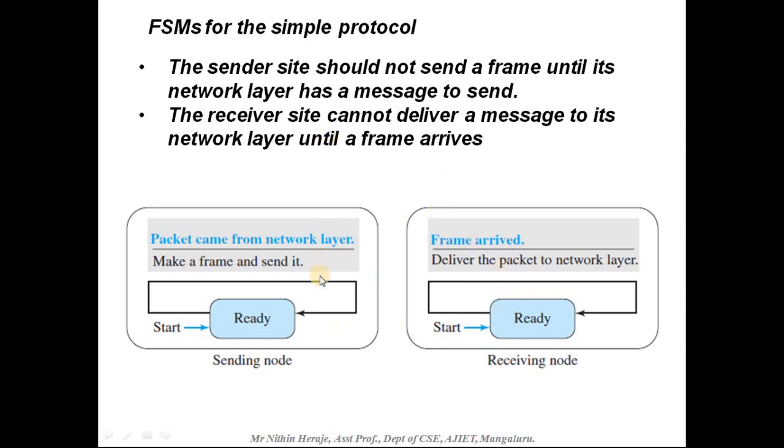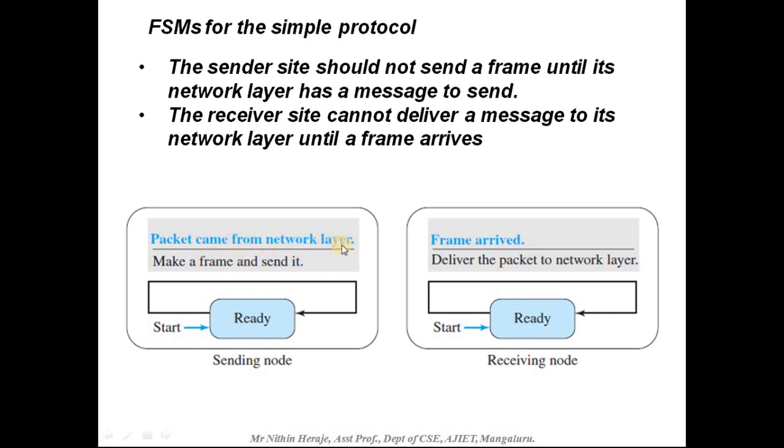So if you look at this, there are two finite state machines, one for the sending node and one for the receiving node. As you look at this, this has only one state, that is the ready state. The sending node will have only one state, that is the ready state, and this is the initial state also. So the event that should occur is that the packet should come from the network layer.